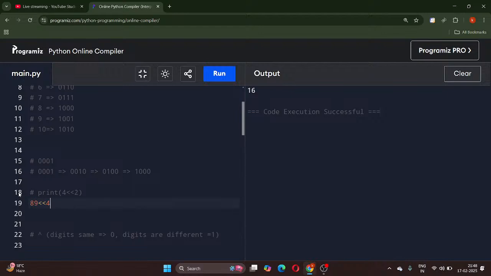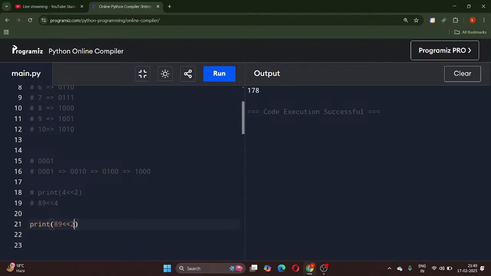It is basically that 89 will be doubled first, afterwards it will be doubled again, and again. Right? So it will be doubled four times. So 89 will be first of all doubled. So let us see what the answer will be. So when it is doubled for the first time, print 89 and then left shift by 1. So 1 simply means that double it once, right? That is 178.